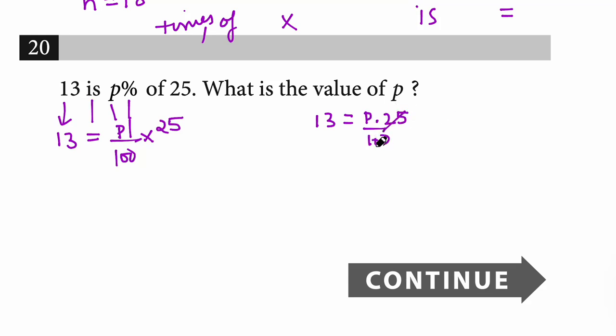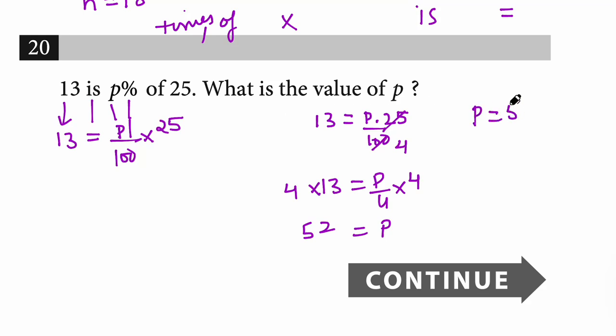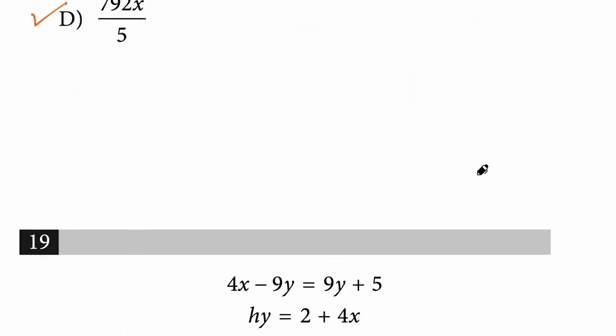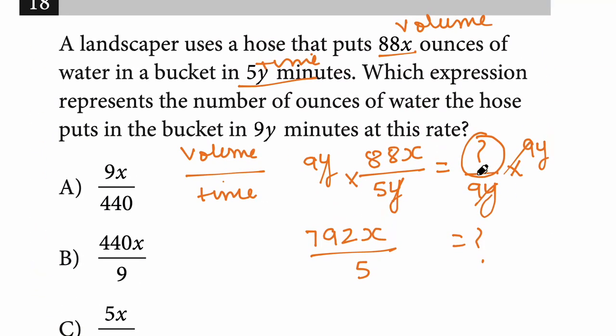So 25 4s are 100. That means 13 is equal to p by 4, multiplying by 4 on both sides. So p is equal to 52. So what is the value of p? P is equal to 52. Okay, perfect. I hope all the 3 questions are clear to you.